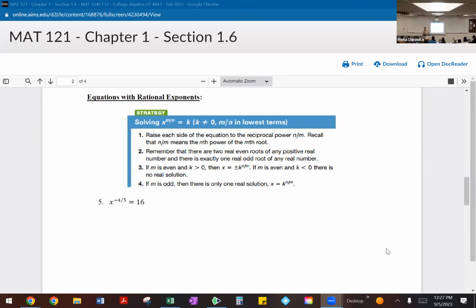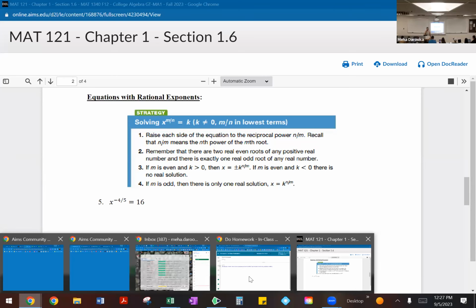I don't know why they don't just say that in your textbook, which is kind of annoying, because if it's not a real solution, it's going to be imaginary. Unless, of course, we have no solution. And then the last one is if that number m is odd, you will only end up with one solution.